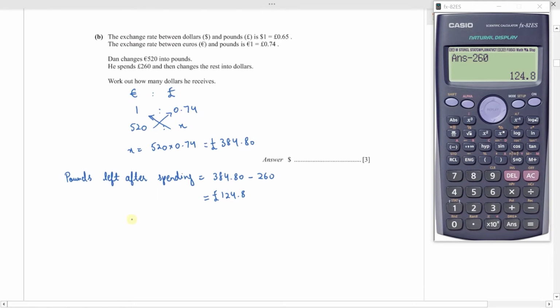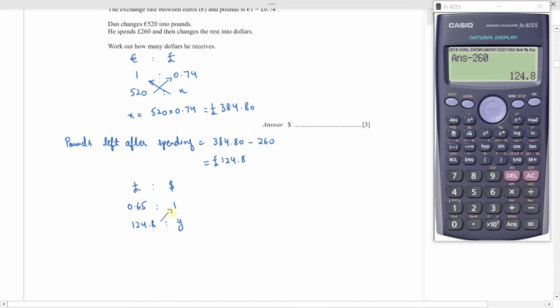So now we need to convert these into dollars. So let me actually write it the other way. Pound ratio dollars. The exchange rate is $1 is 0.65 pound. So 0.65 pound here, ratio $1. And now you're converting 124.8 pounds into, let's call them Y dollars.